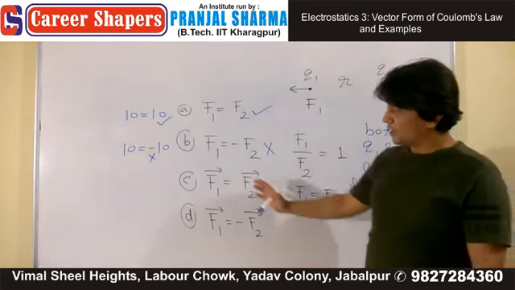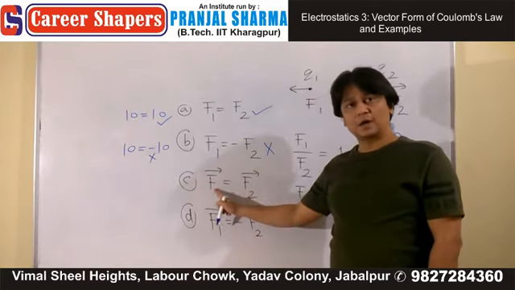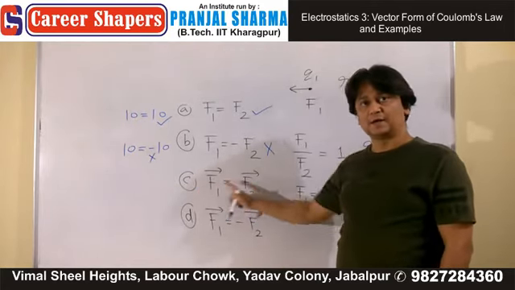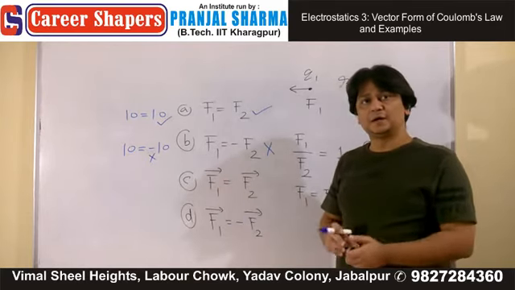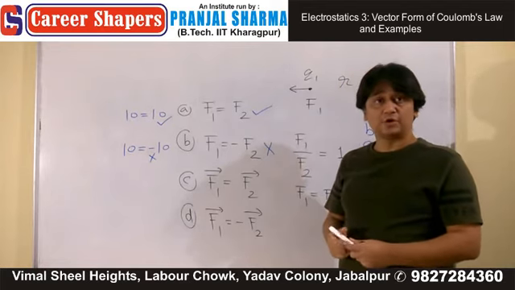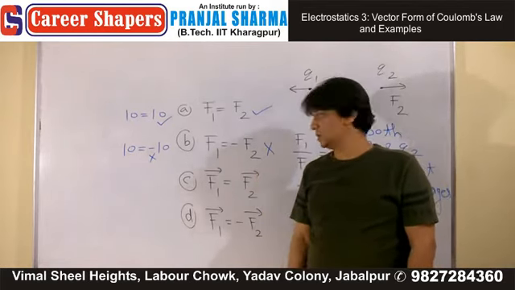Now, when you look at the third option, you are equating vector terms. And whenever we equate vector terms, we need to take care of magnitude as well as direction.